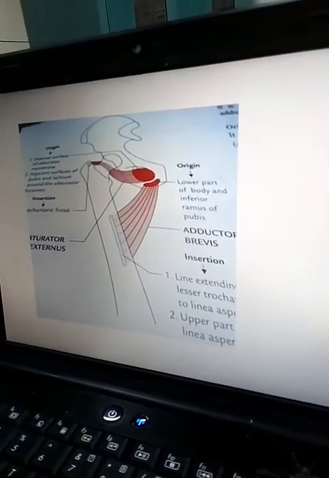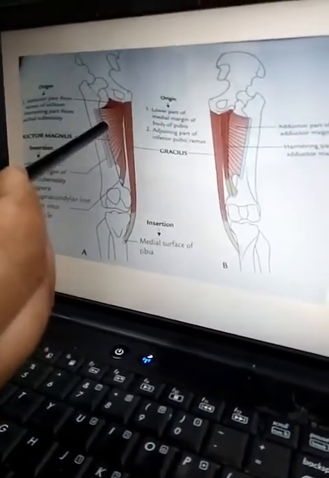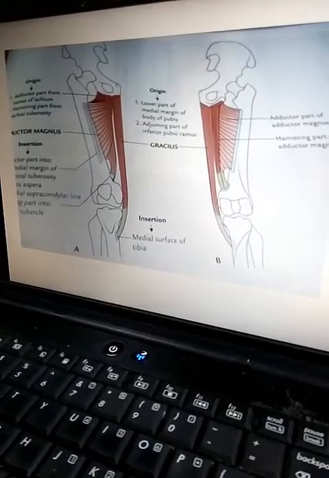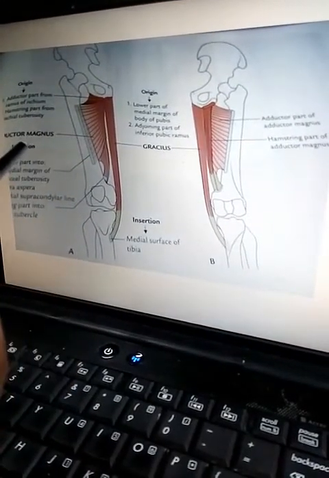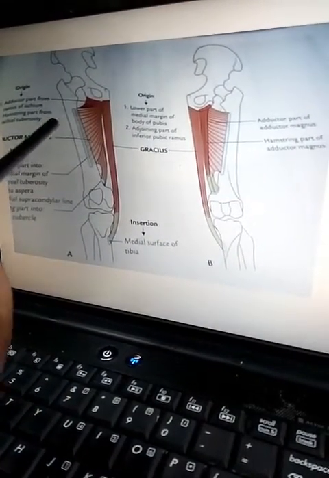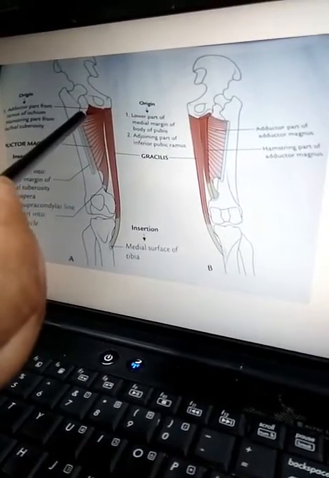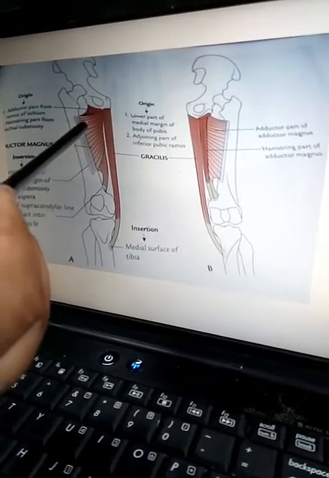Now after adductor brevis we have another big muscle, that is the adductor magnus. It consists of two parts, adductor part and hamstring part. The adductor part arises from the outer surface of the ischiopubic ramus. The hamstring part arises from the inferior lateral part of the ischial tuberosity.